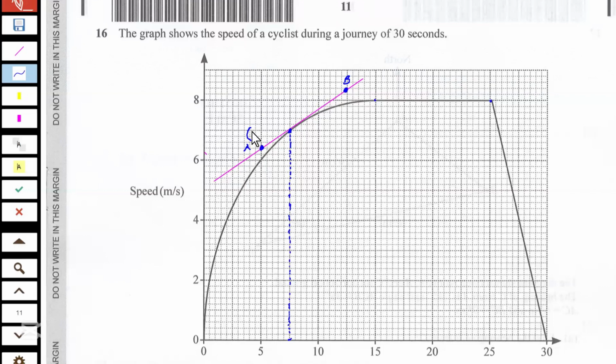For y, each unit on the y-axis represents 0.2, so 0.2, 0.4, 0.6, 0.8, 1, and so on up to 6.2 and 6.4. So it's exactly 6.4.